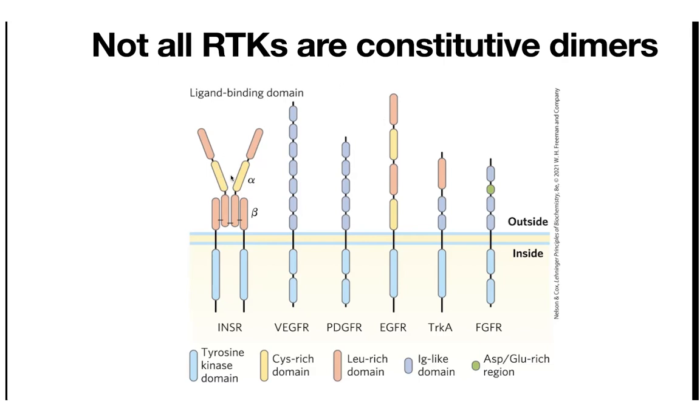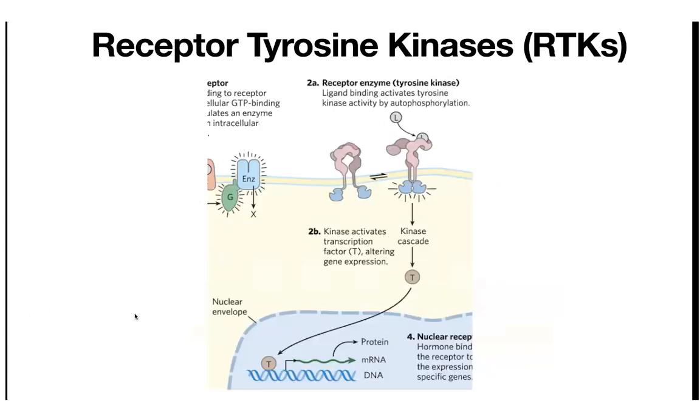So with our insulin receptor, the binding of a ligand activates it, but it doesn't cause the dimerization. It's already a dimer. But with these other ones, binding of a ligand causes the dimerization and then the activation. Once you have the activation of one of these, they autophosphorylate one another, then they start phosphorylating other proteins, leading to a kinase signaling cascade.